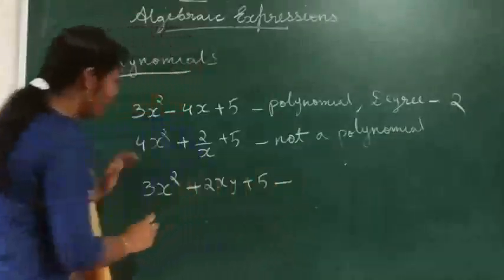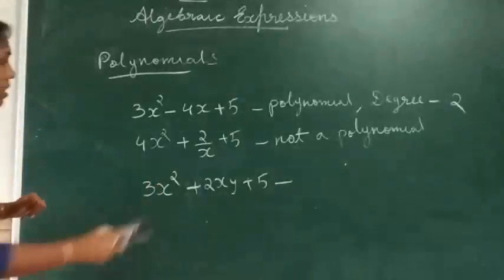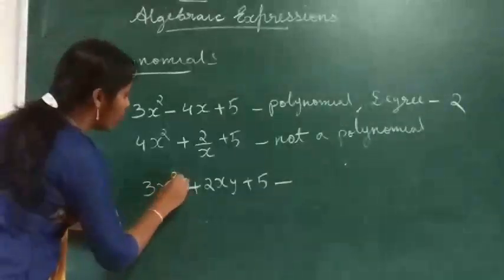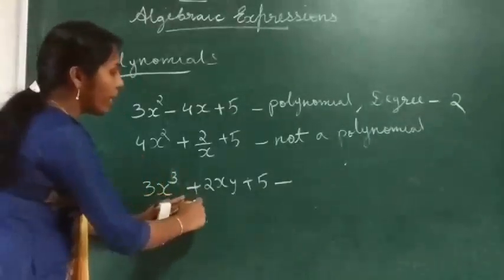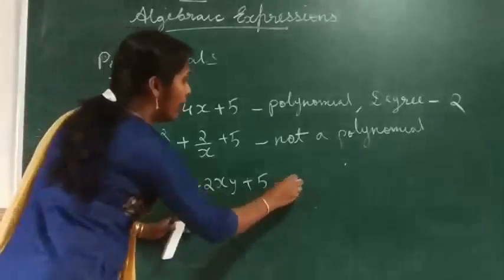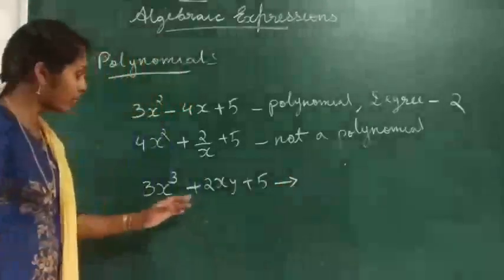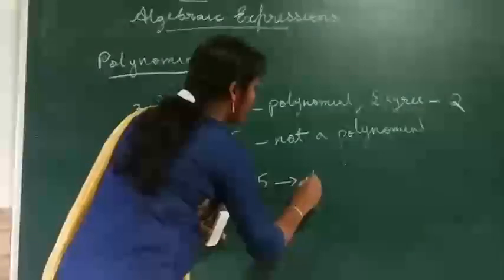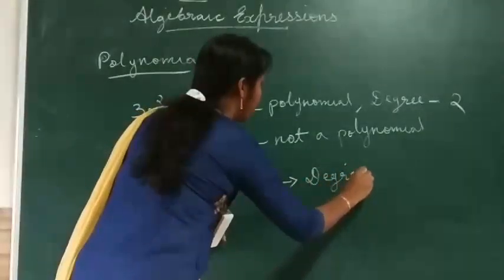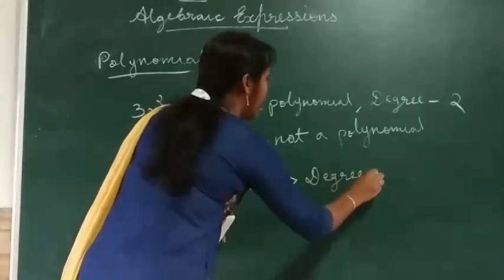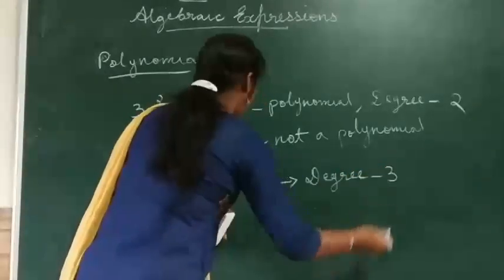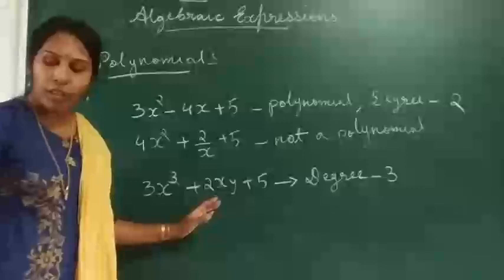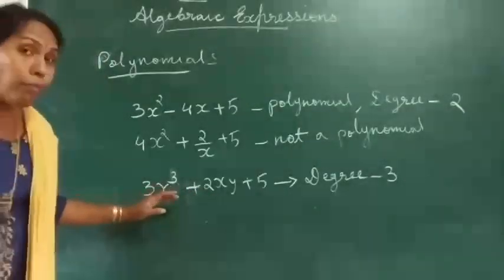Suppose we consider the polynomial 3x cube plus 2xy plus 5. Here the highest power is x cube, that is 3, therefore its degree is 3.